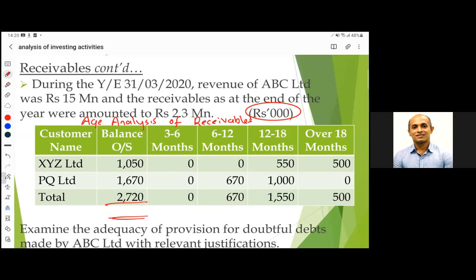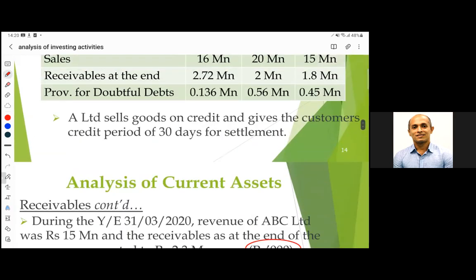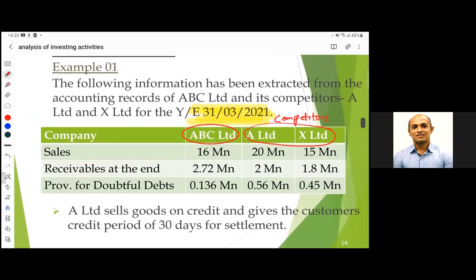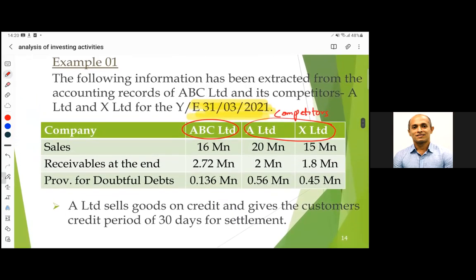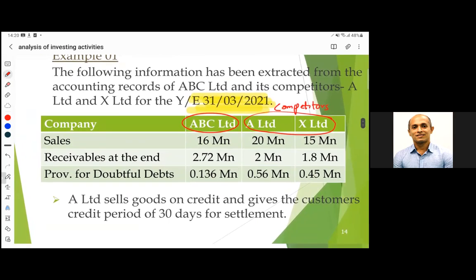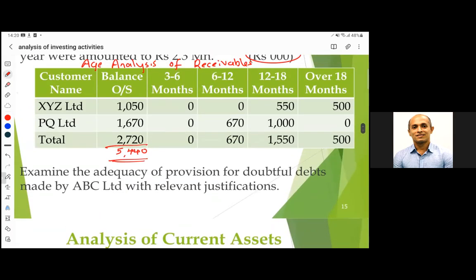$5,440. In thousands, 5,440. In millions, 5.44 million. Sorry, the total outstanding balance is given here.